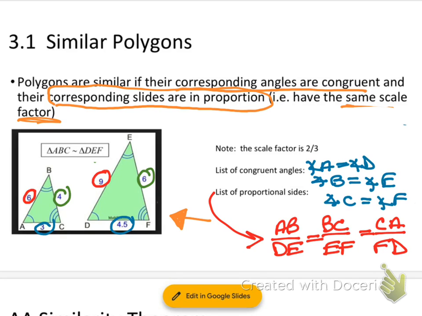Okay, so those are the proportional sides written as fractions set equal to one another. The other important thing to understand is how to get the scale factor. You get the scale factor by taking one of the proportions and reducing it to simplest terms. Okay, so that's a good overview of similar triangles.